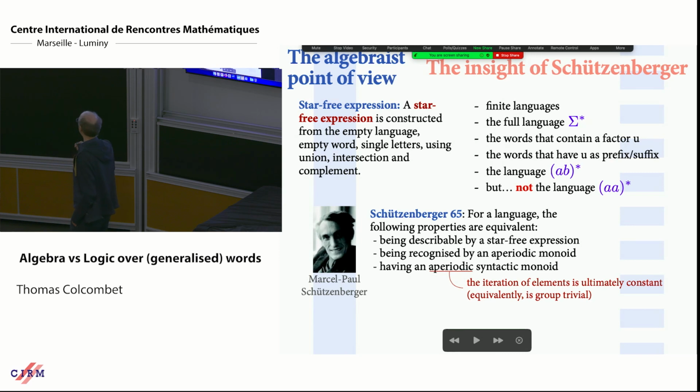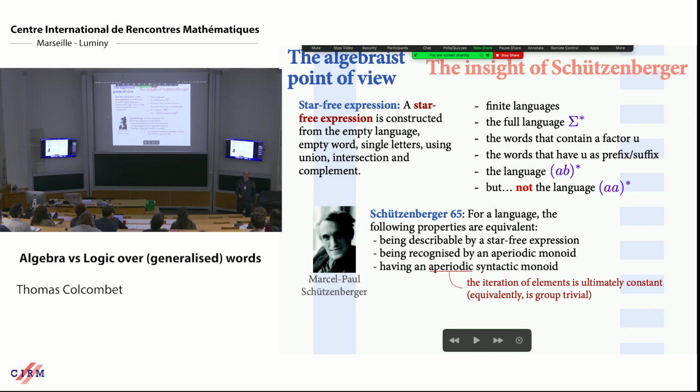But you should have the intuition that if you have a monoid that accepts this language AA star, it has to somehow count modulo 2. And concretely, this means that somewhere hidden in the structure of any monoid that would recognize the language, you will find the group Z over 2Z.